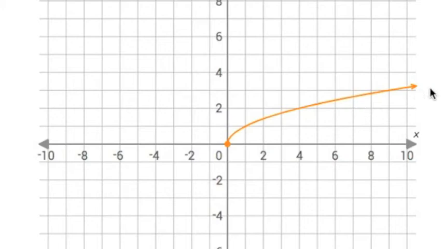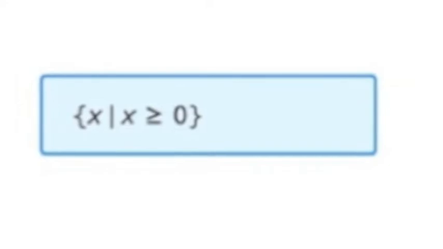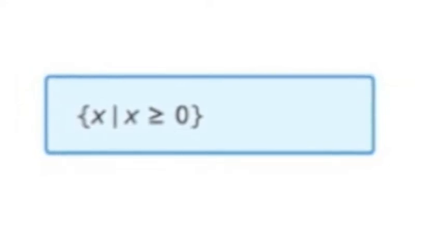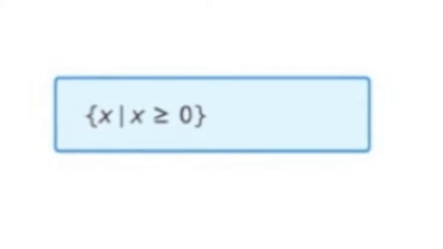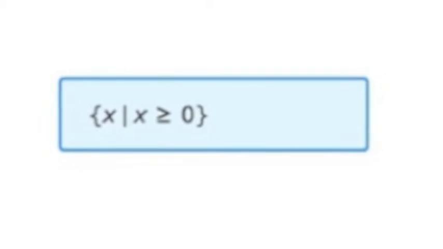So if you were going to write the domain for this picture, you would say it's everything greater than 0, and you would use inequality symbols. In fact, you would write x can be anything greater than or equal to 0.